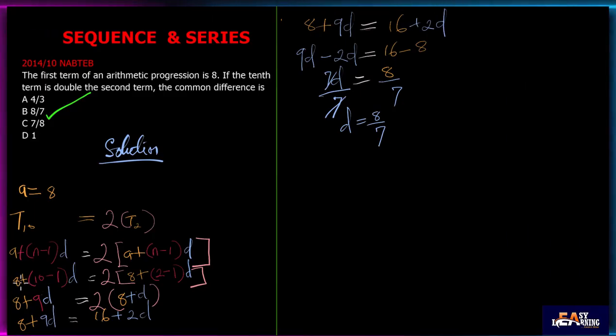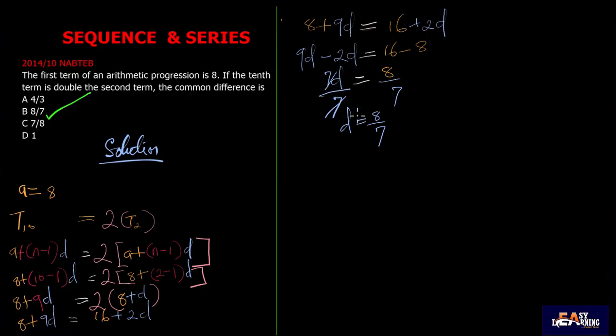First term was 8. Since we were solving for the 10th term, we used 10. 10 minus 1 gave us 9, 8 plus 9d, that's what we had for the left hand side. On the right hand side, where we had the second term, in place of n we used 2, and solving the bracket, we had 8 plus d, multiplied by 2, became 16 plus 2d. Collecting like terms, we had 9d minus 2d equals 16 minus 8, which gives us 8. So to find d, we divided both sides by 7, that gave us 8 over 7.